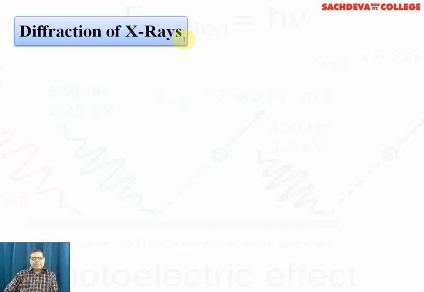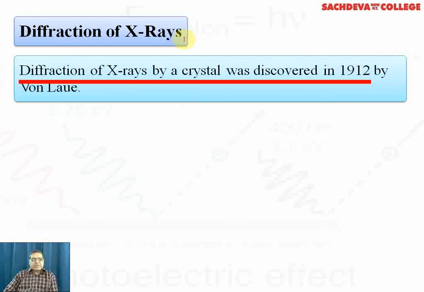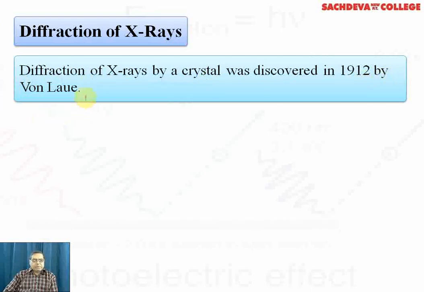Bragg suggested that n lambda is equal to 2d sine theta, where n is the diffraction order, lambda is the wavelength emitted from the particular plane of the crystal, d is the distance between the two planes, and theta is the glancing angle. Diffraction of X-rays by a crystal was discovered in 1912 by von Laue.